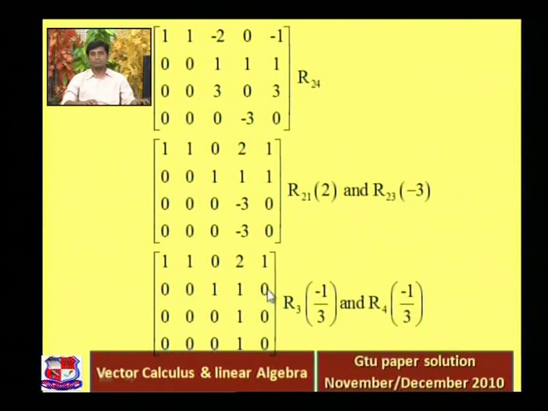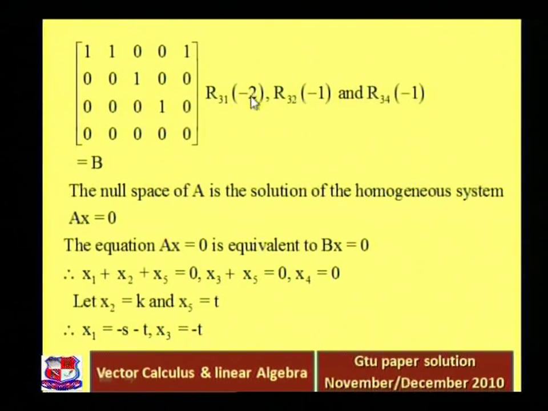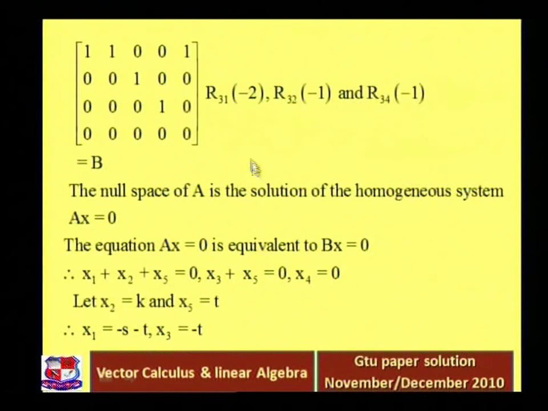Okay, now next is, we are multiplying third row with minus 2 and add into the first row. So all other elements are same, just instead of this 2 you will get 0. Okay, others are same, 1 1 0 0 1. Correct. Now next is, we are multiplying third row with minus 1 and add into the second row.